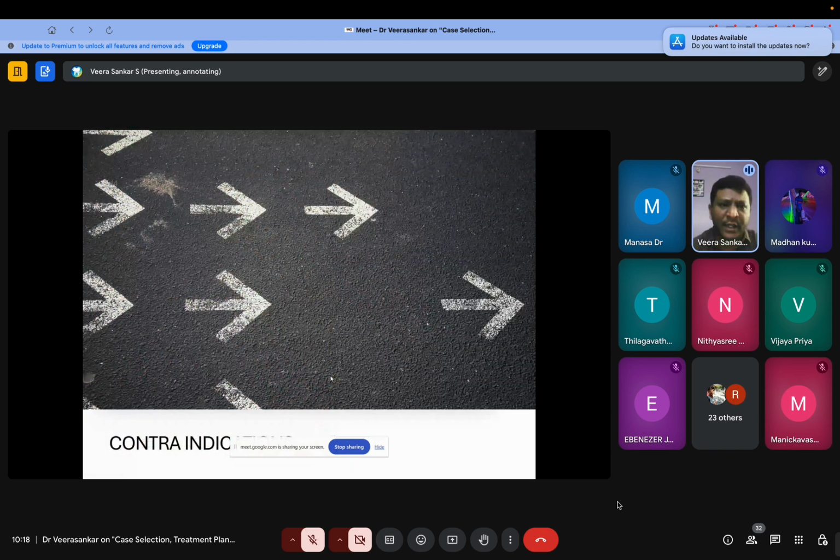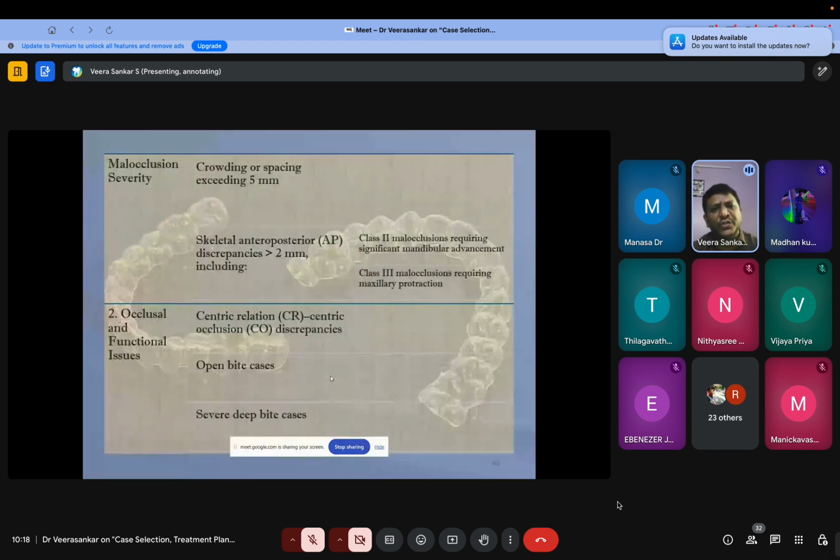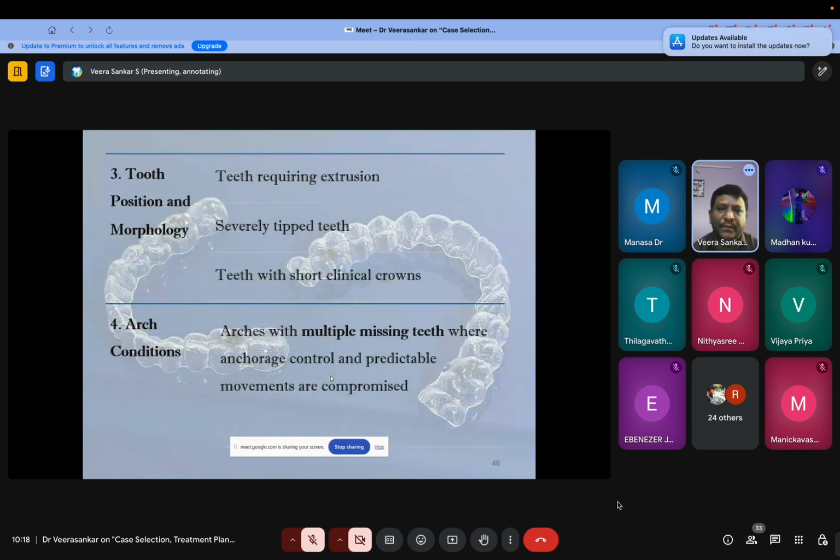Moving on to the contraindications, it depends upon the malocclusion severity: crowding or spacing exceeding 5 millimeters, anterior-posterior discrepancy greater than 2 millimeters, malocclusion requiring mandibular advancement, and class 3 malocclusion requiring maxillary protraction. Others are discrepancies with skeletal deep bite, skeletal open bite, teeth requiring severe extrusion, and severely tipped teeth, that is class 2 division.